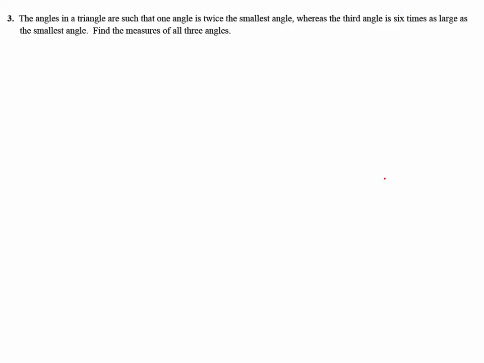So the angles in a triangle are such that one angle is twice the smallest angle, the third angle is 6 times as large as the smallest angle. Find the measures of all 3 angles. Let's take a look at it here. First of all, it's a geometry question, so might as well put up a little diagram of a triangle.